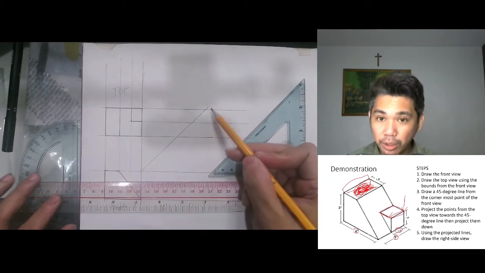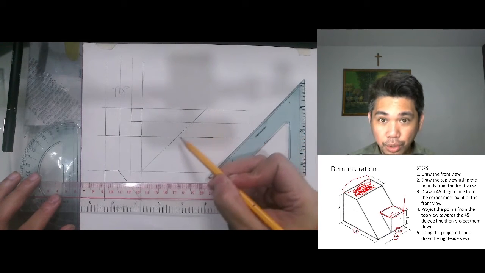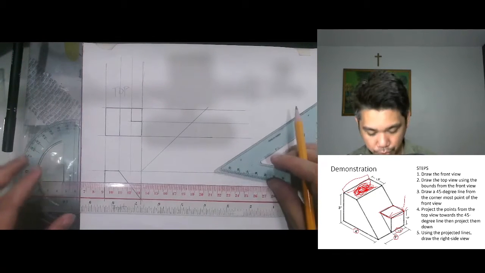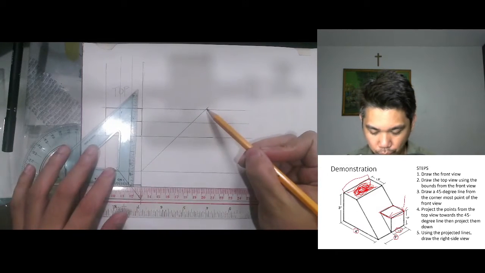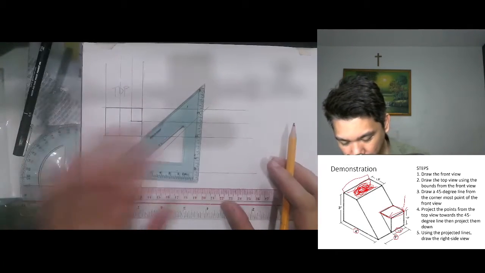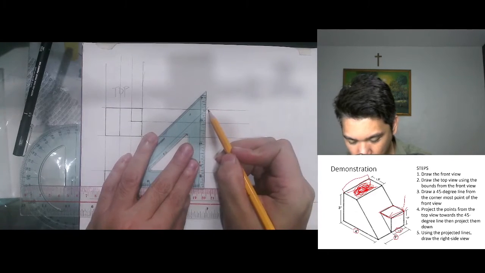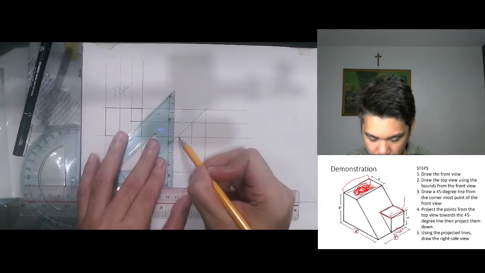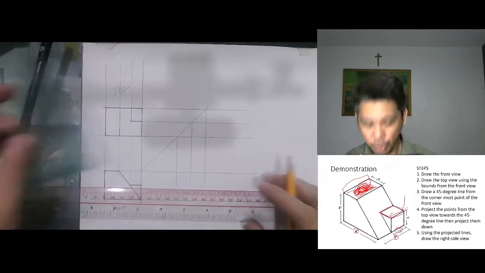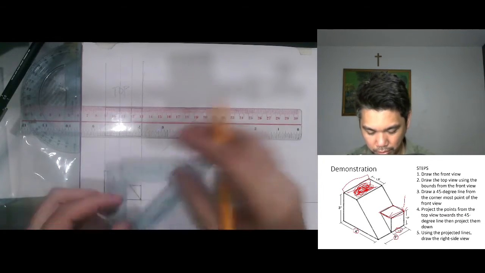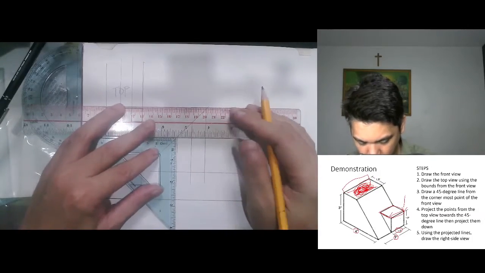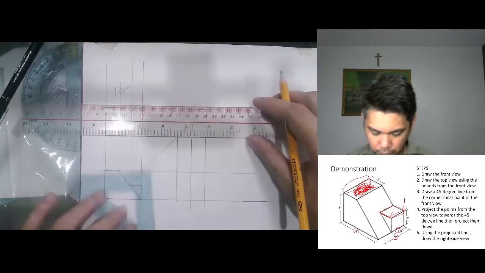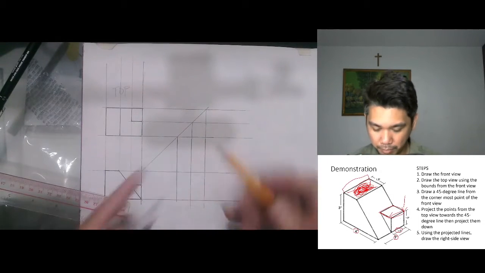After drawing that 45-degree line, any intersection that was hit, you have to put a line downwards. So we have an intersecting line here. We project them downwards. We have a line here. We project it down. We also have another line here. Okay, let me just complete the projection. Okay, so we have projected them downwards.